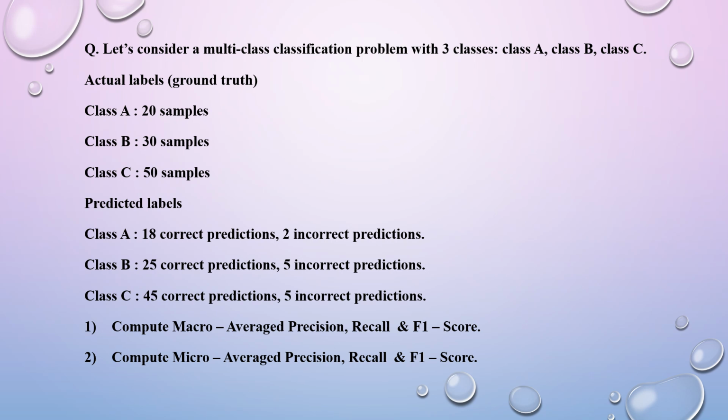So in this question, actual labels and predicted labels of class A, class B and class C are given, and we have to find macro average precision, macro average recall, macro average F1 score, and micro average precision, micro average recall and micro average F1 score.